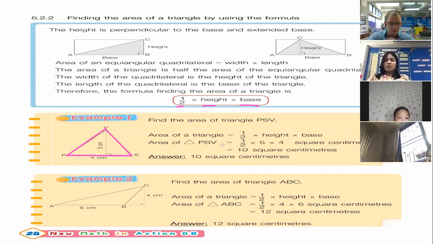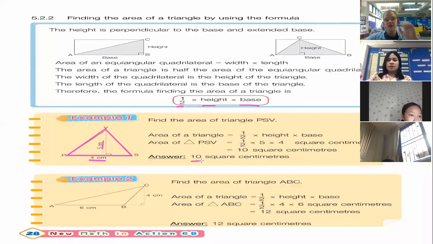The area of PSV equals a half times 4 for the base, 5 for the height. So it's times 5 times 4. So 5 times 4 equals 20, divide by 2 equals 10 square centimeters.